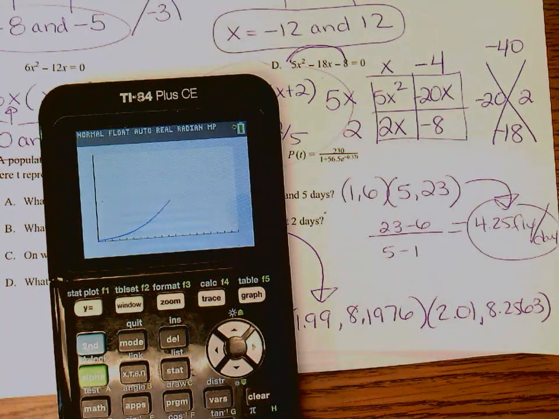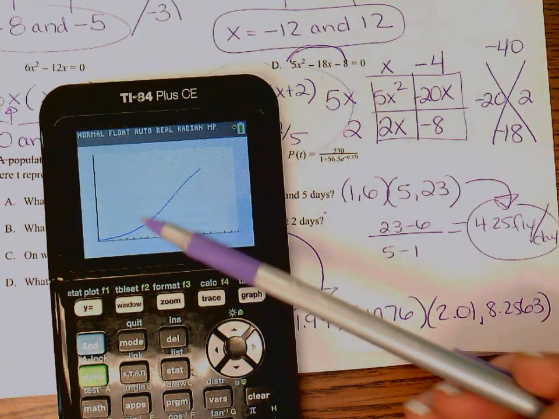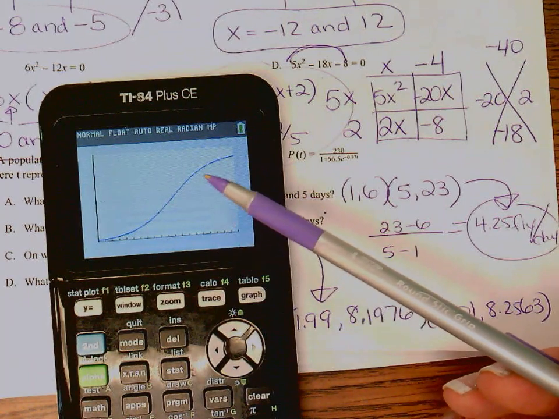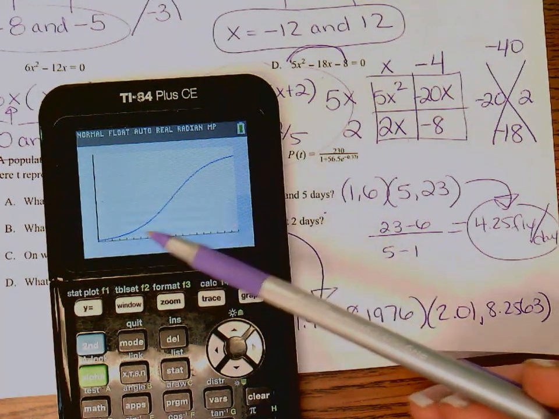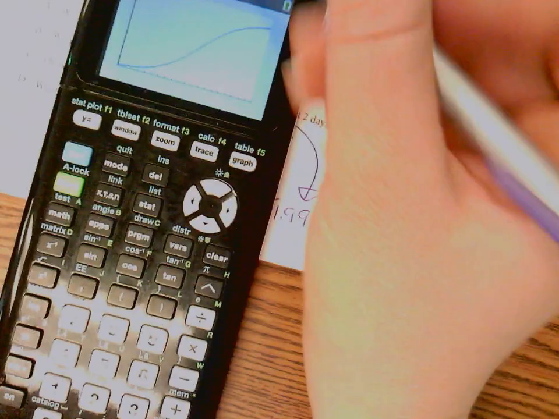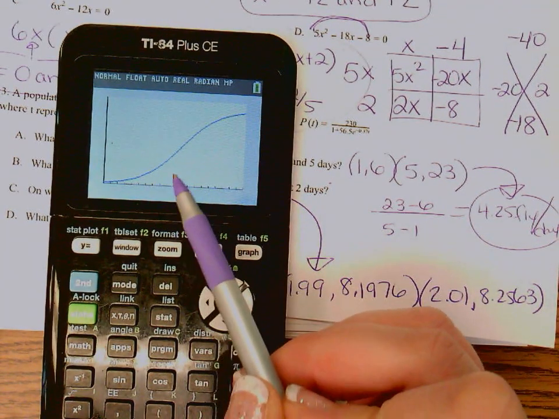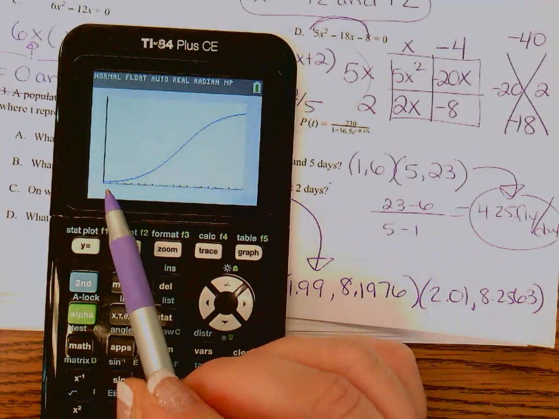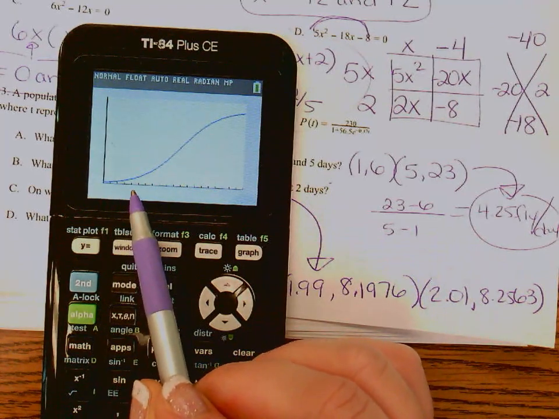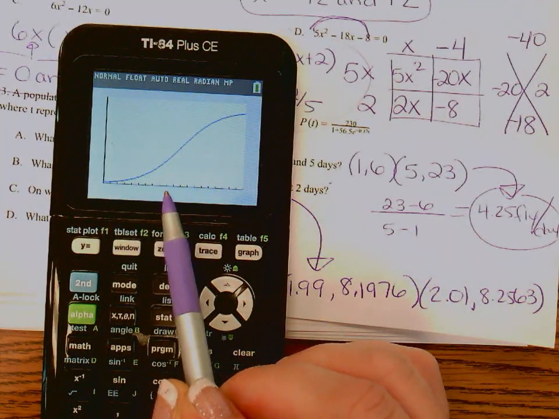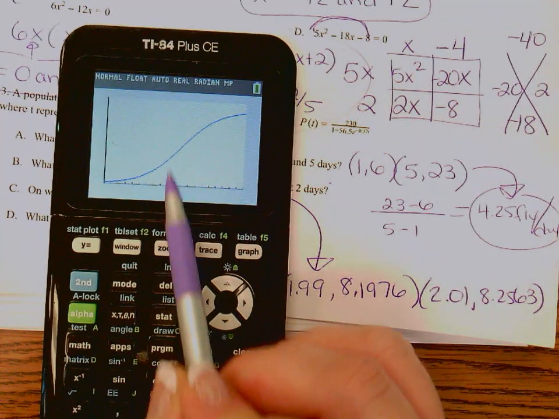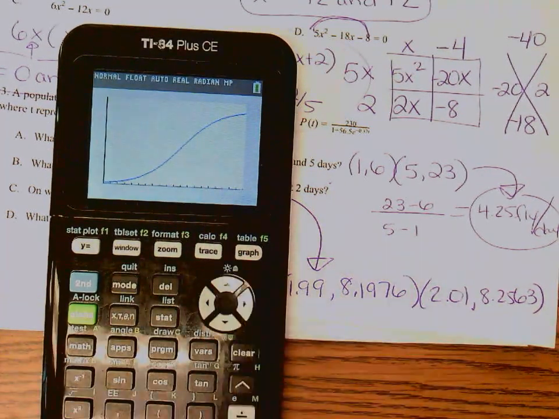It starts to grow very quickly in here, and then it starts to plateau off. So where do you think instantaneous rate of change is the highest? Probably in one of these several days right in here. 1, 2, 3, 4, 5, 6, 7, 8, maybe day 9, day 10, or day 11, somewhere in there.